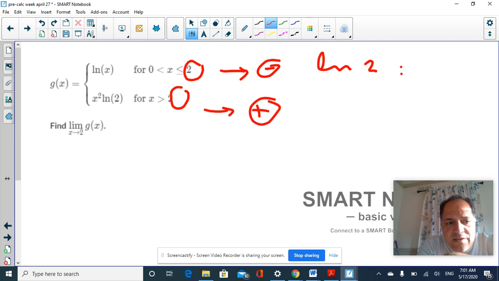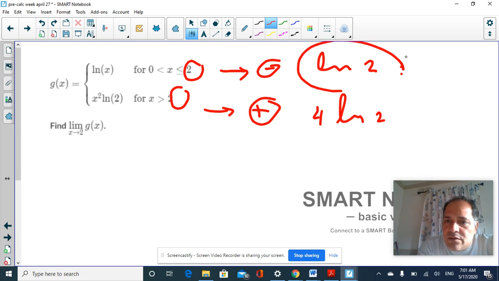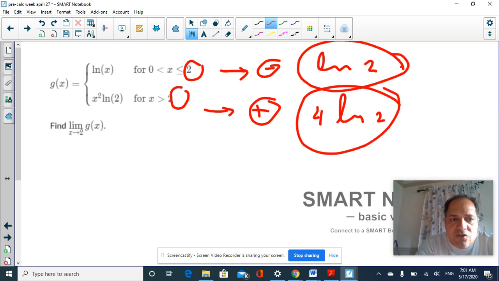If you want to find the second, plug in 2, so it's 4 natural log of 2. Are they equal? If you use a calculator, are they equal? No. So the limit is what? Doesn't exist. Okay, does it make sense? Because both are not equal, so the limit doesn't exist. You can use a calculator to find the value exactly.